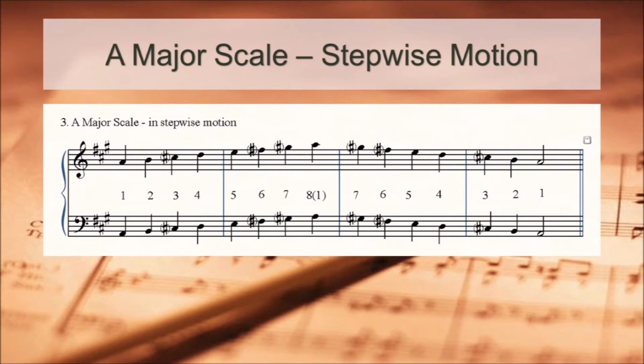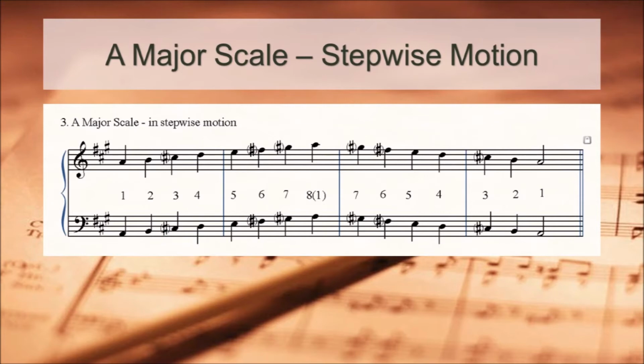Okay, now here is the A major scale in stepwise motion. This is exactly the same as the C major scale, except it's the A major scale. Now, why is this important?